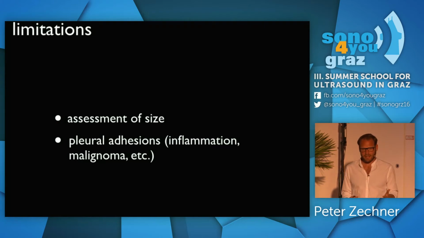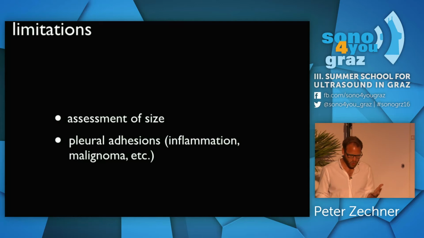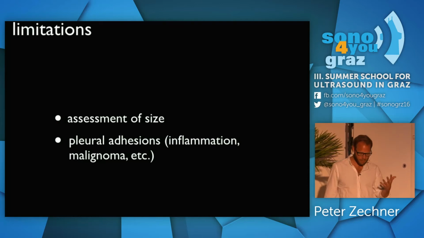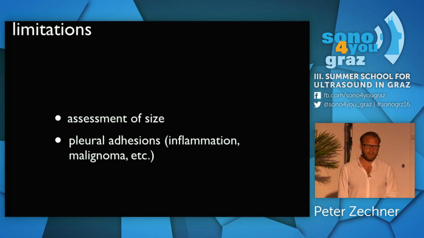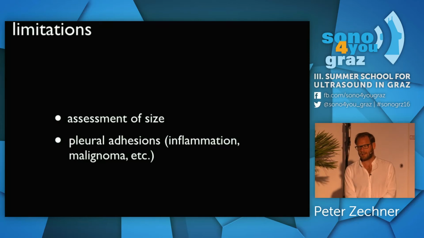If the patient is unstable and in shock, for example, and we see a pneumothorax on ultrasound, it is probably a good way to make an intervention like chest tube insertion without prior CT scan or any other diagnostic workup. That's what I think is a good way to react. Okay? Any questions on pneumothorax diagnosis?